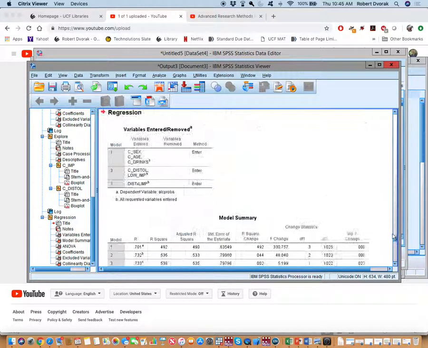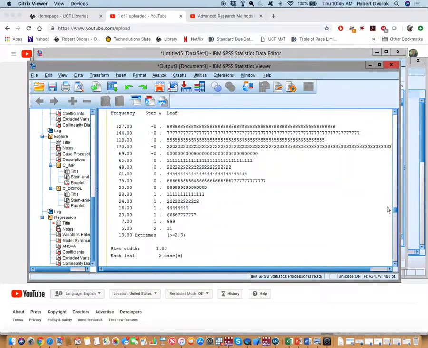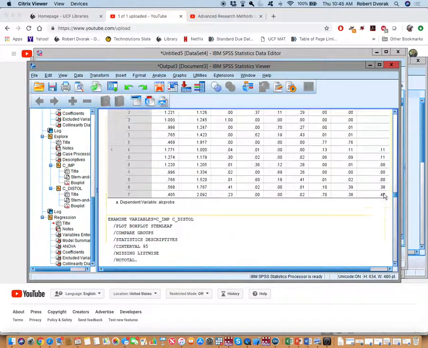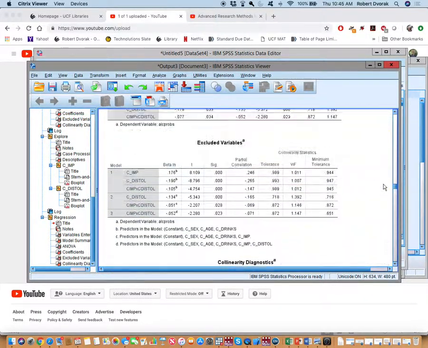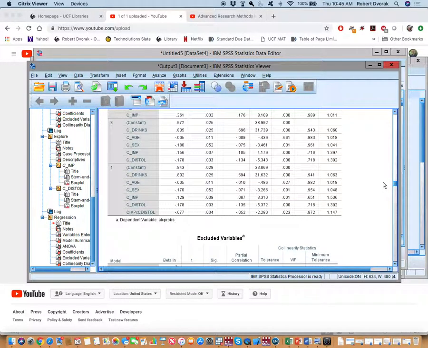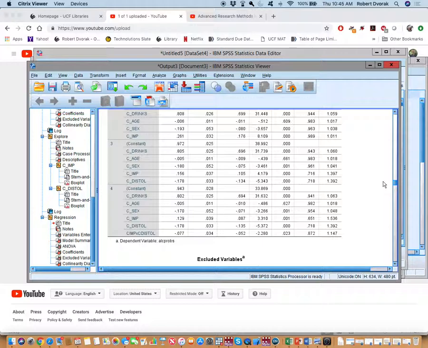Let's scroll up here to our last interaction. That's weird. Why? Oh, there it is. I'm sorry, I was looking at something else. There it is, minus 0.077. P-value is the same. Our slope of impulsivity right there, 1.29, right?